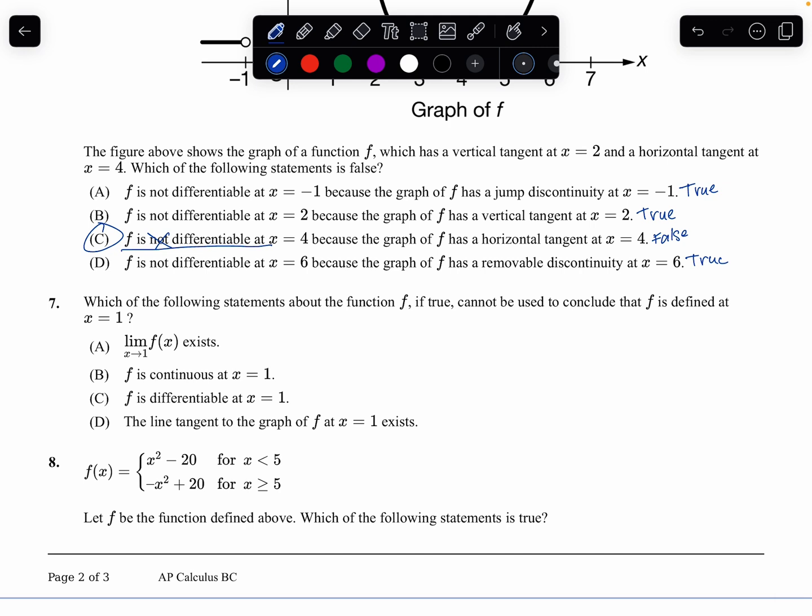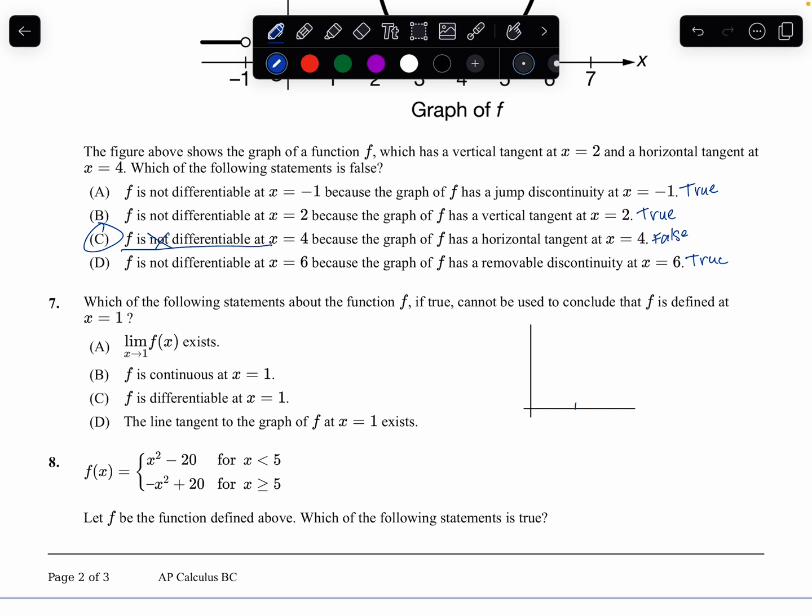Which of the following statements about f, if true, cannot be used to conclude that f is defined at x equals 1? So the limit as x approaches 1 of f exists. Oh, there you go. So say that we had a graph, and let's draw something like this right here.